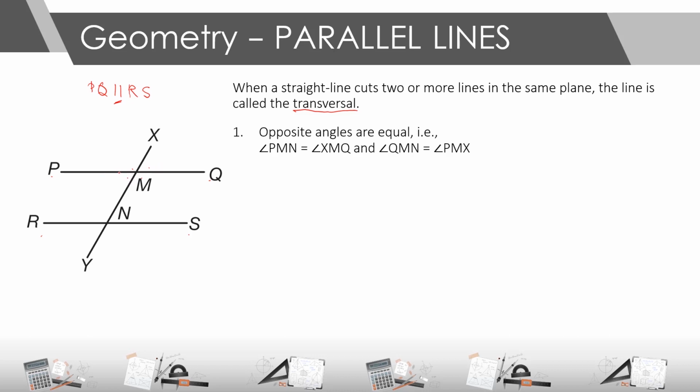So angle PMX is equal to angle QMY. These two angles are equal. Similarly, the opposite angles PMY and MQ, these two are equal. 1 and 3 are equal. 2 and 4 are equal. And you can do similar exercise on the point N also. The opposite angles on point N will also be equal.